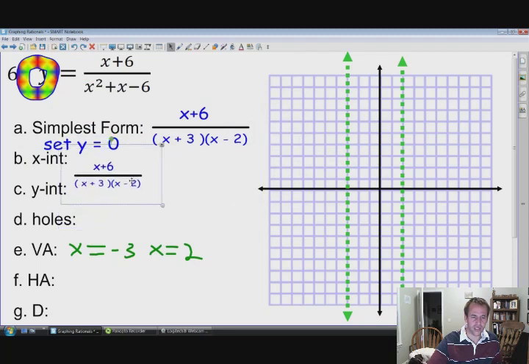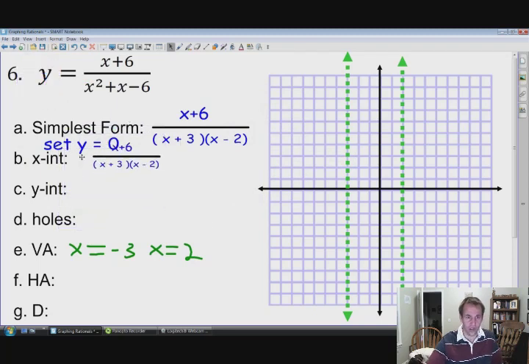Okay, so for our x-intercept, we're going to set y equal to 0 now. So that means that this right here is going to equal 0 like this. And then we're going to try to solve for x.